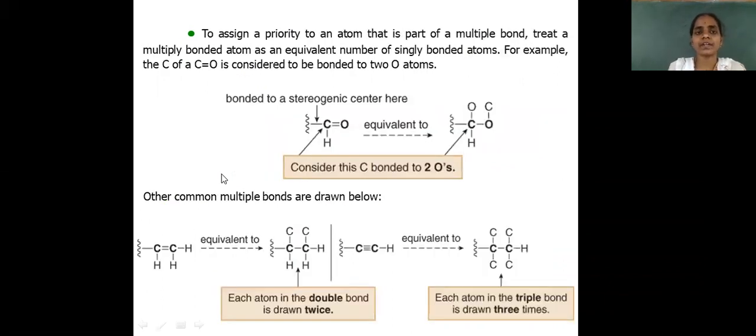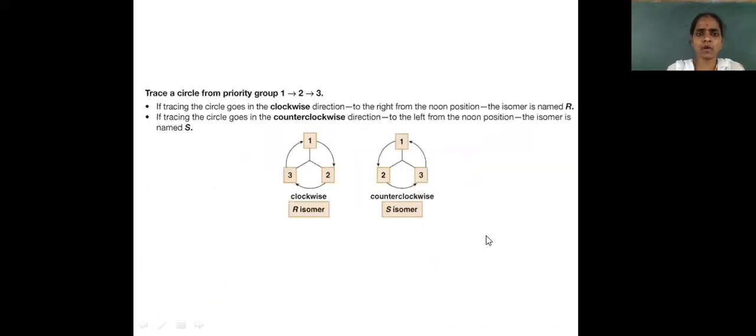The third priority is based on the bond: single bond, double bond, and triple bond. A triple bond gets higher priority than a double bond, and then a single bond. I gave double bonded examples here, where the double bond gets higher priority than the single bonded atom.